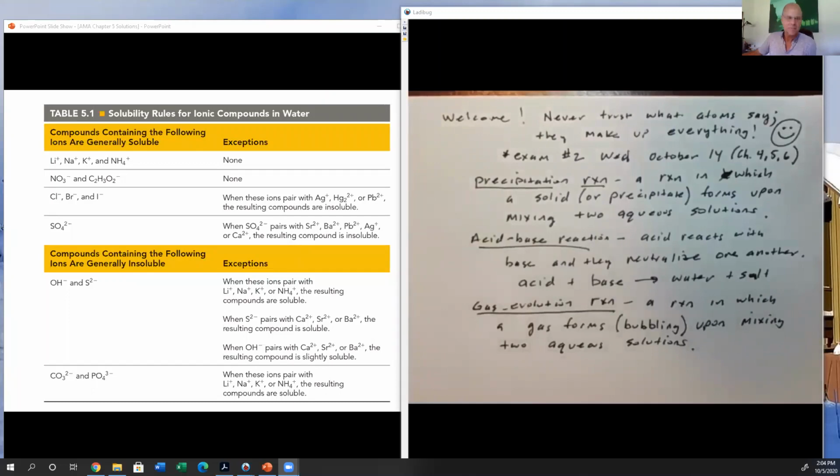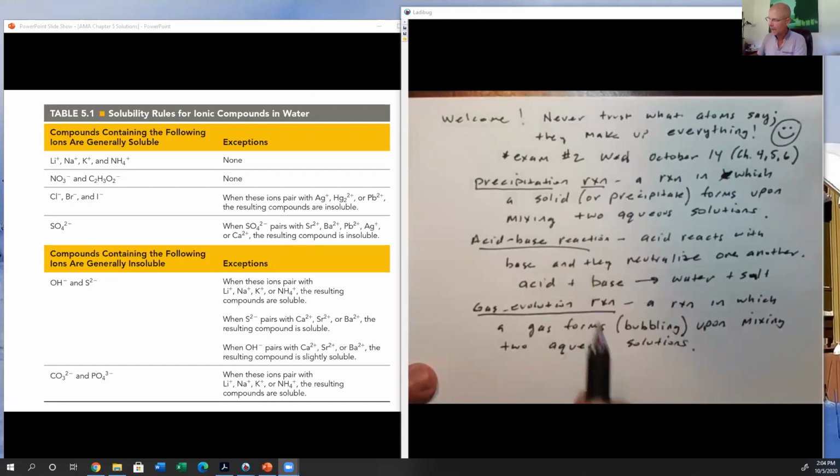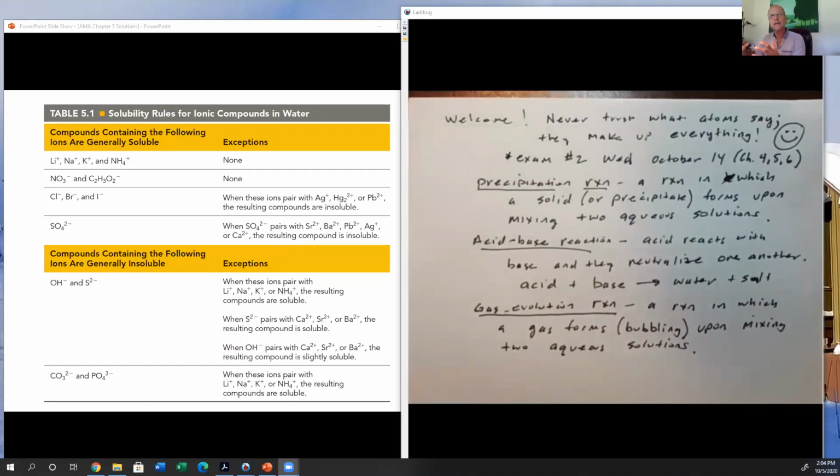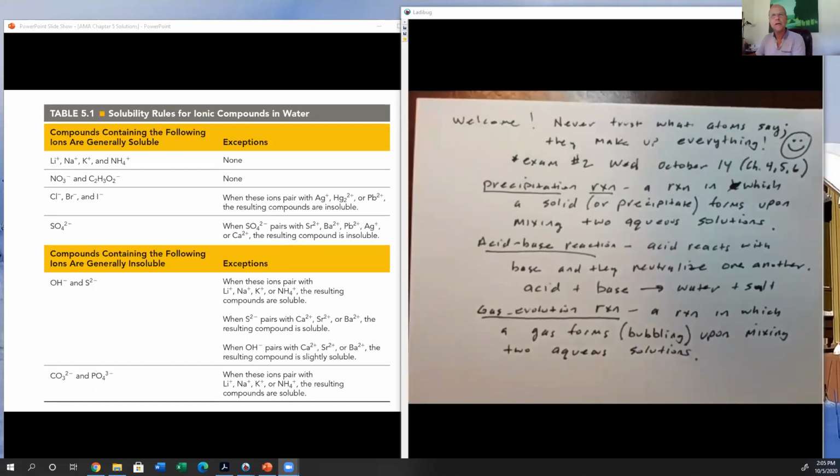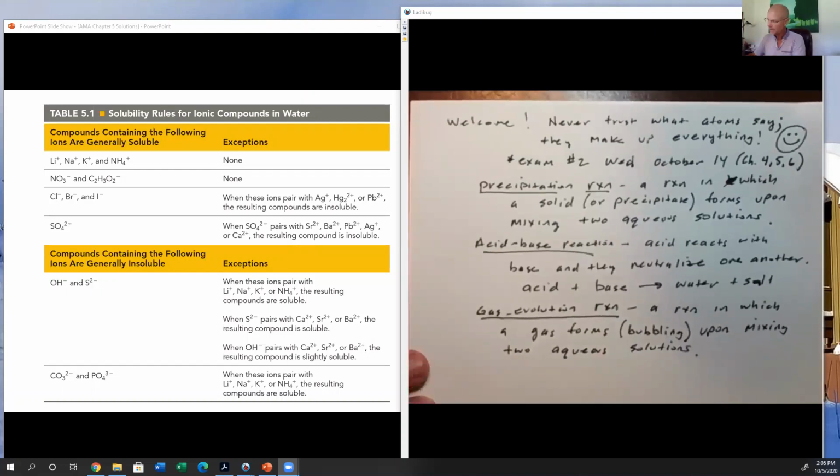We are in the middle of our solutions chapter, and we're looking at several types of reactions that happen in solution. The first class are precipitation reactions, where a solid forms when you mix two liquid solutions. The second class are acid-base reactions, which occur when an acid reacts with a base and they neutralize one another.